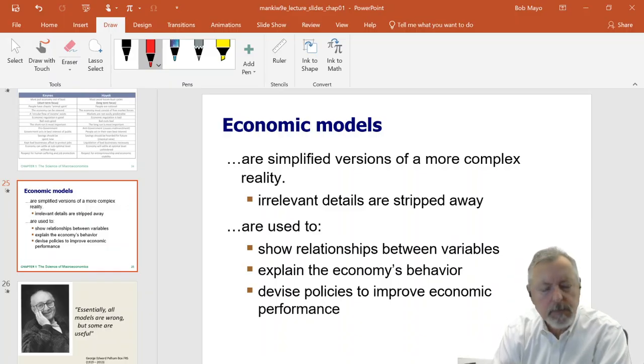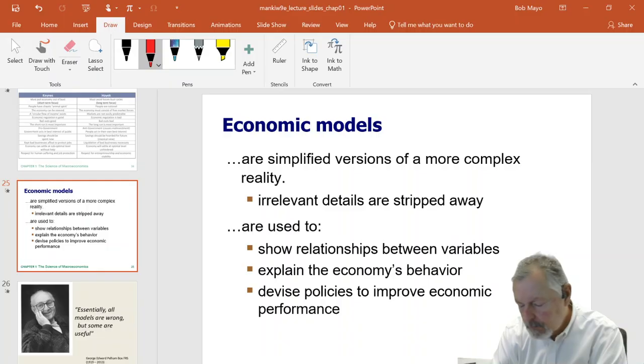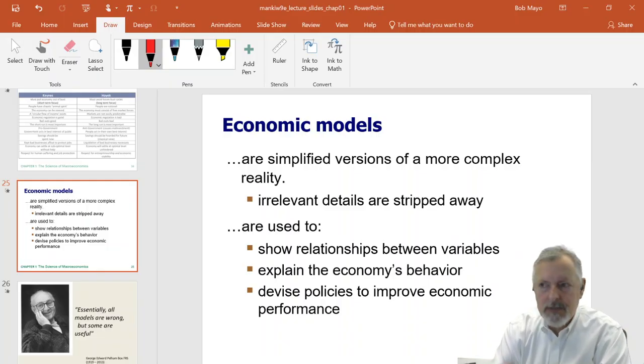A model is a simplified version of the world. It's simplified because it has to be. The world is too complicated to figure out. The human brain isn't up to it.